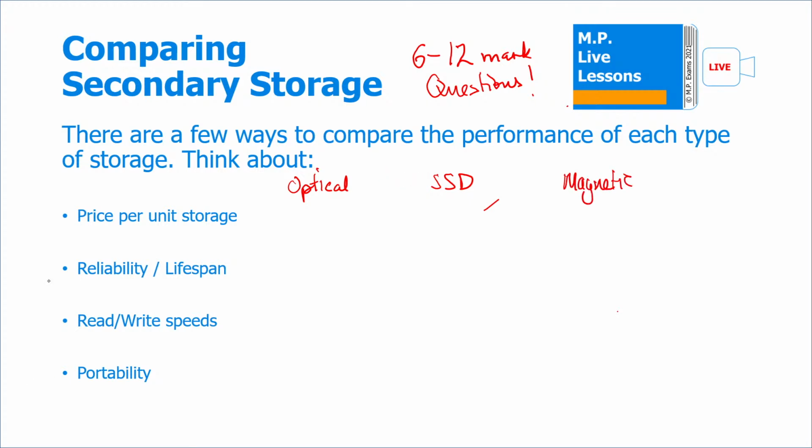Now, firstly, overall, optical disks are the cheapest, while SSDs are the most expensive. So we could possibly rank them, so 1, 2, and 3, best or worst.